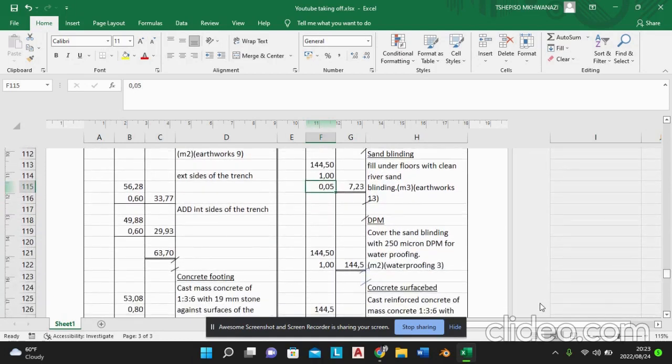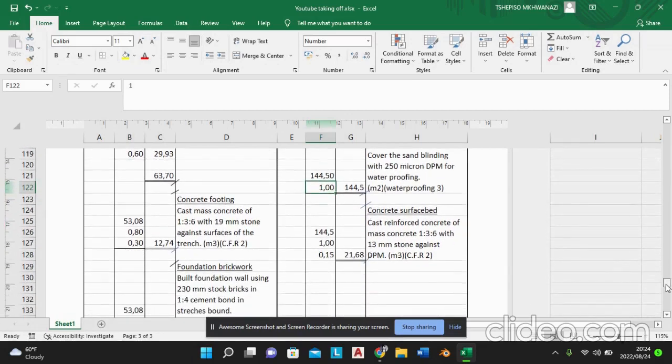Now we'll do our DPC. Our DPC is measured in meters squared. You just have to take the area and multiply by 1 to show that it is an area, and then I'll have to underline this. And then we are done with the DPC. Your description, you see it here: cover the sand blinding with 250 micron DPM for waterproofing.